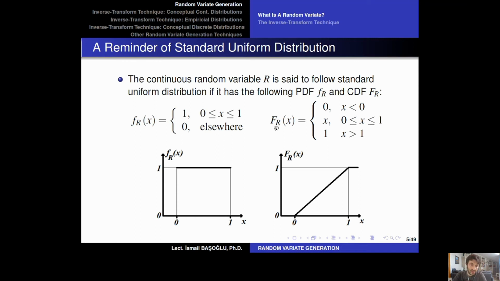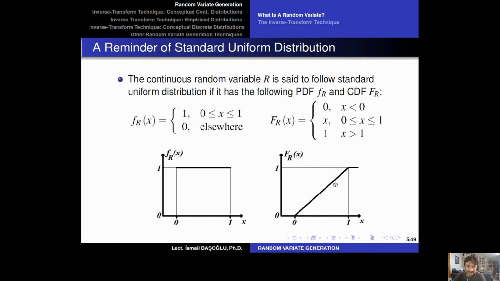And of course, if it has this PDF, it will have this cumulative distribution function. This means the CDF of a continuous uniform random variable between 0 and 1 is equal to an identity function between 0 and 1. For all values less than 0, the CDF is equal to 0.